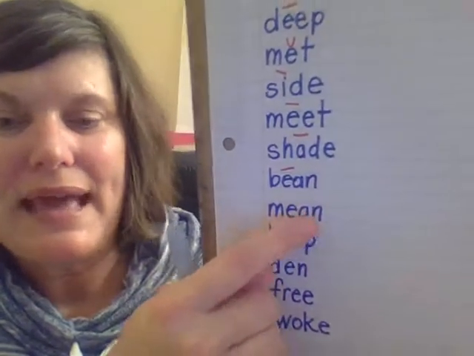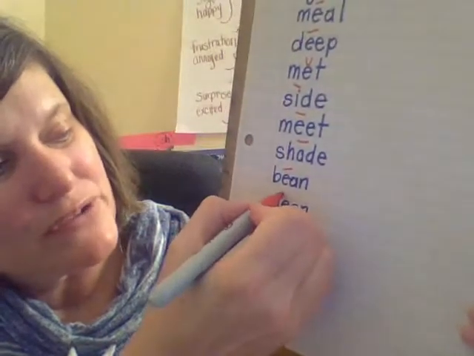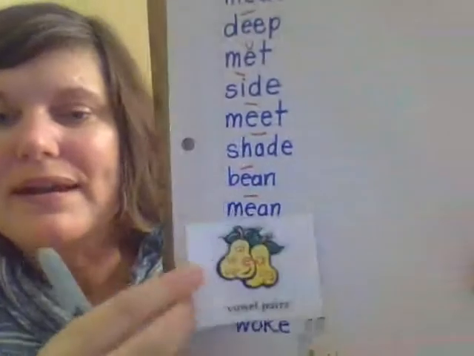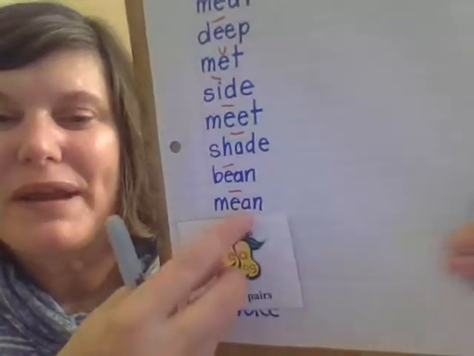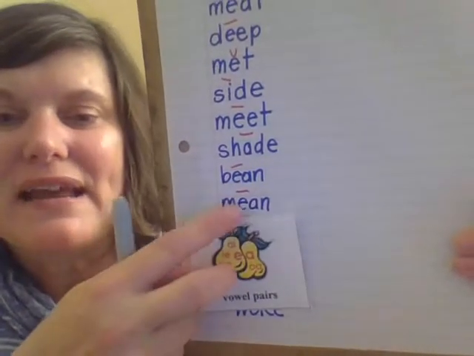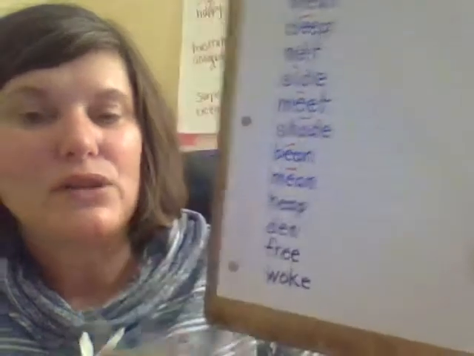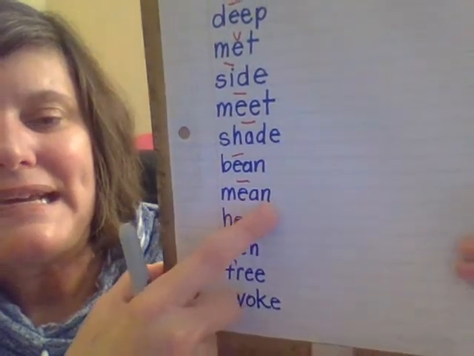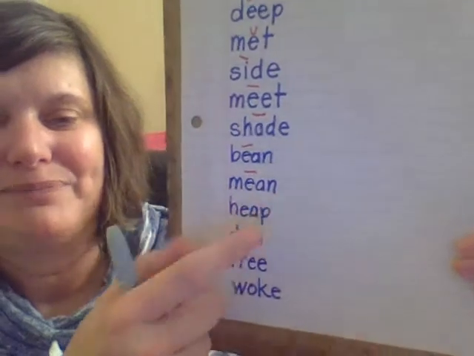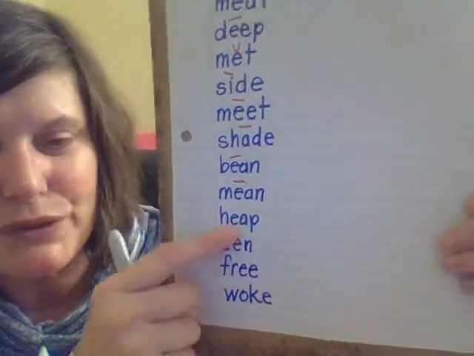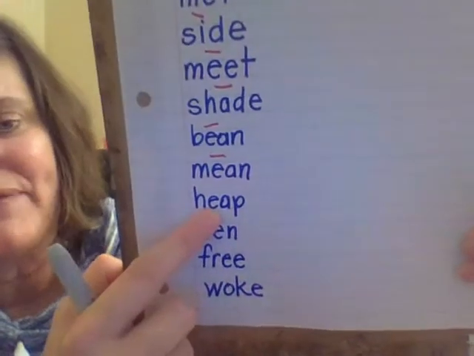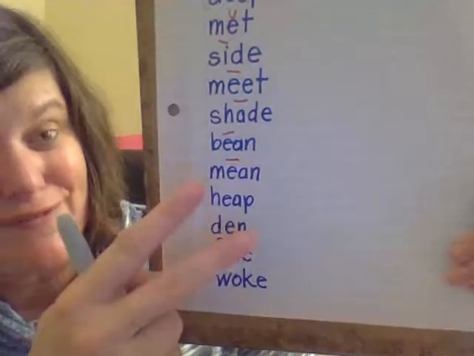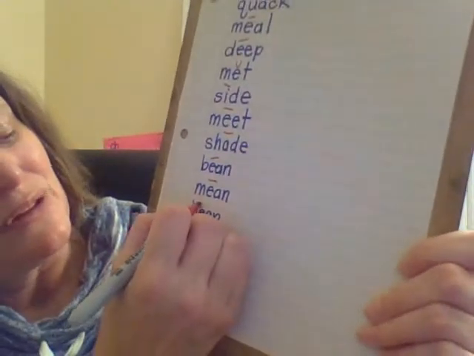All right, EA, so again, two vowels, a vowel pair. We know when we have a vowel pair, the second vowel is silent. The first vowel is long, so long E. Mean, mean. Okay, let's look again at this word. We have EA, so it's a vowel pair. Long E.